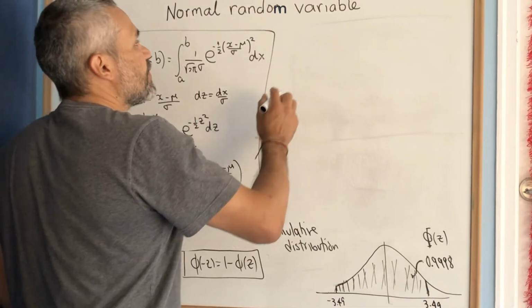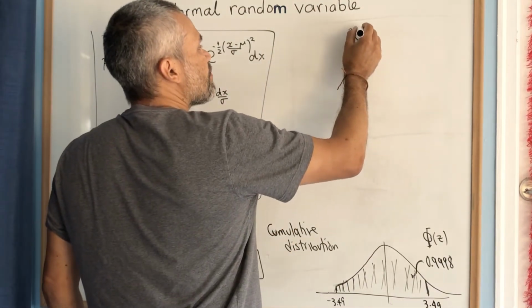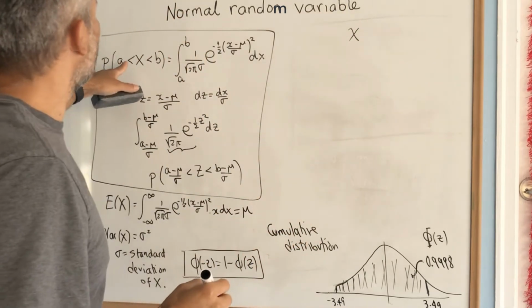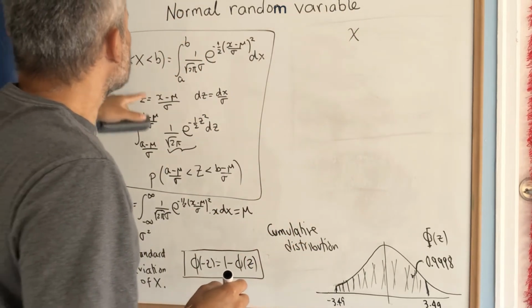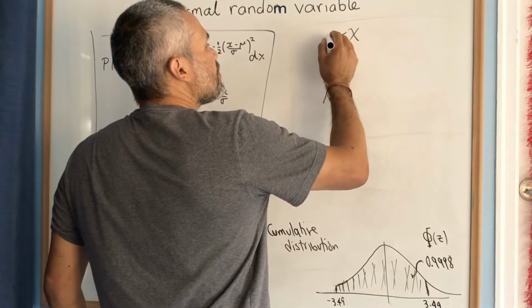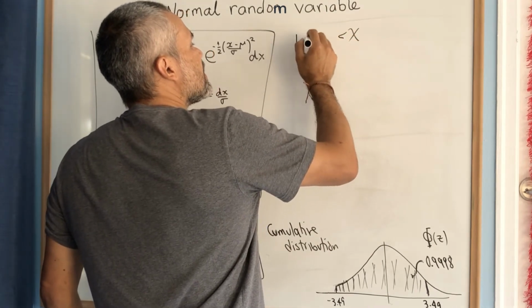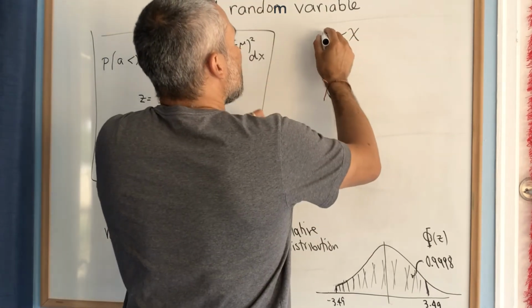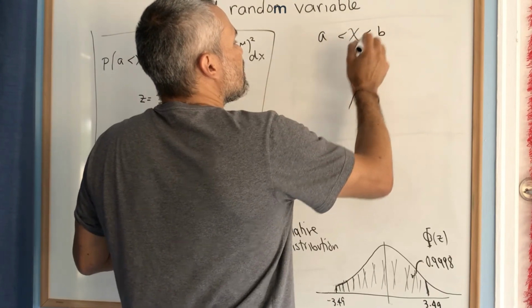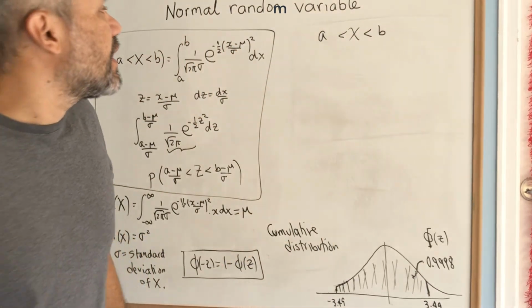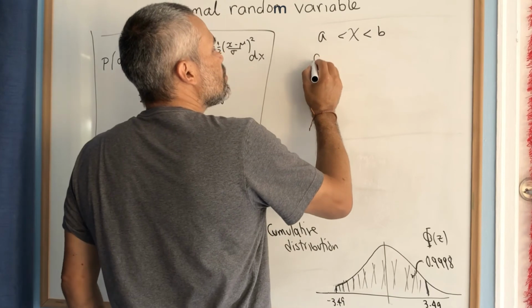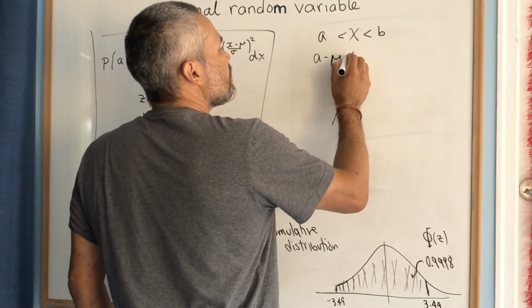That means that if we have a random variable with parameters mu and sigma, and we want to compute the probability that x is between a and b, then something that we can do is subtract mu in both parts, and we get this.